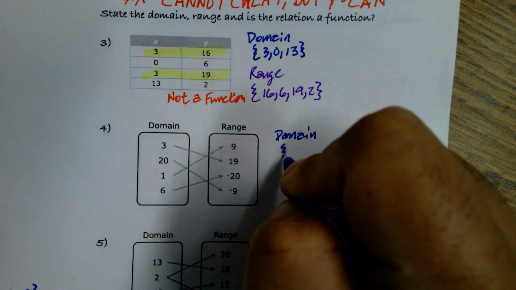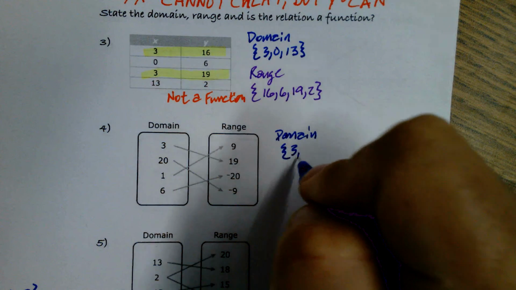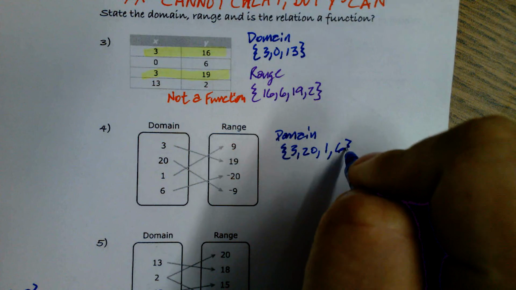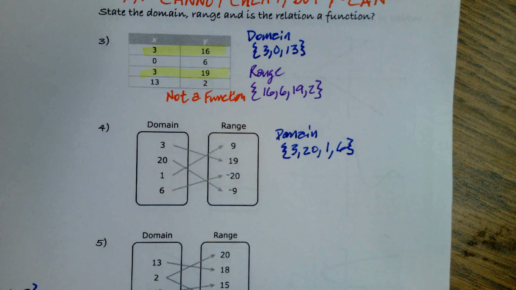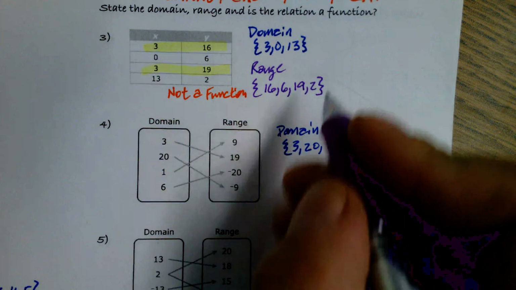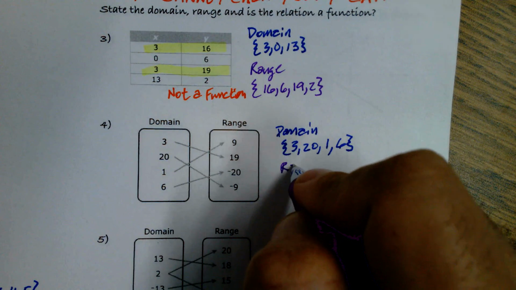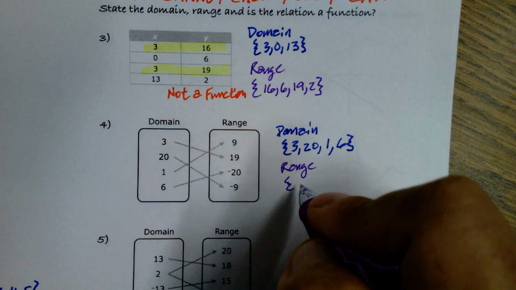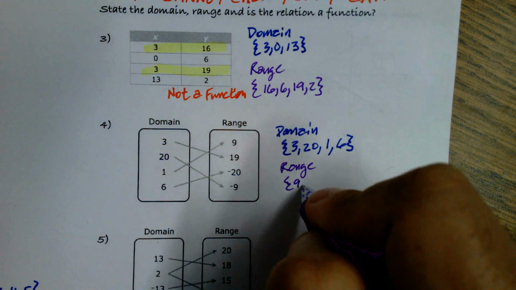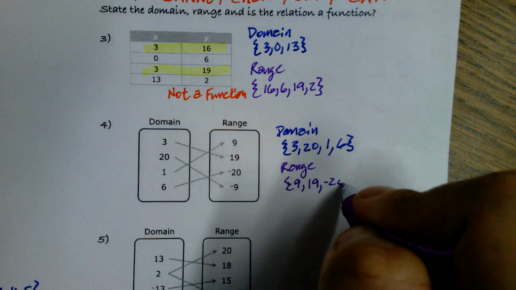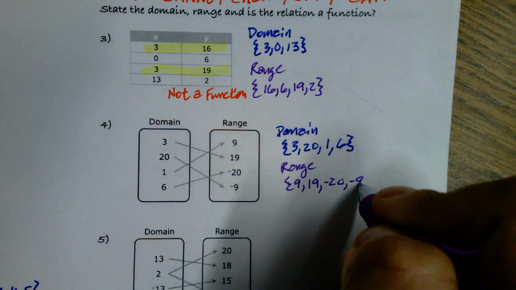This one's super easy because it's just 3, 20, 1, and 6. They even call it domain. On the range, we'll just quickly write that. -9, 19, -20, -9.